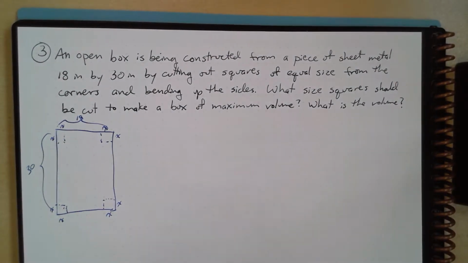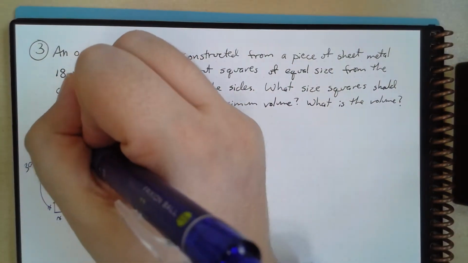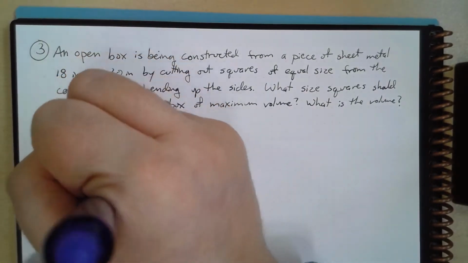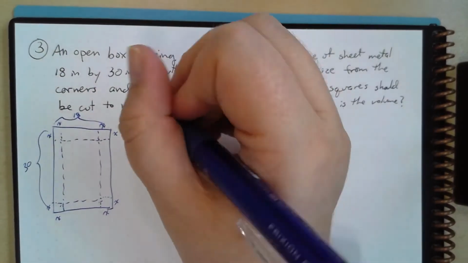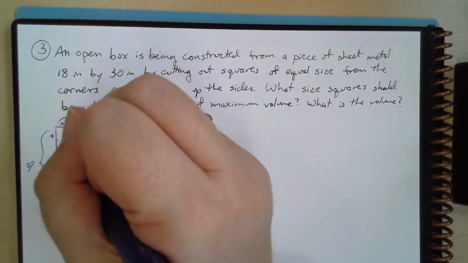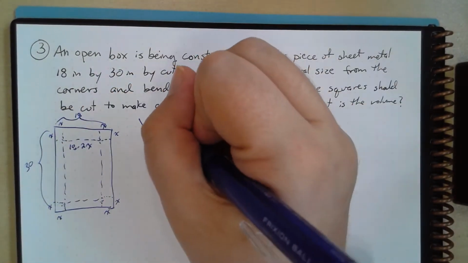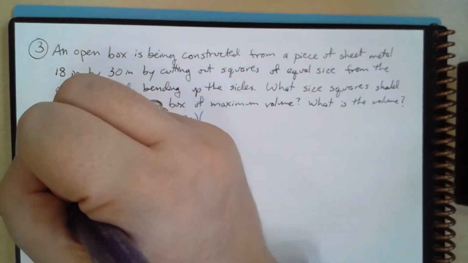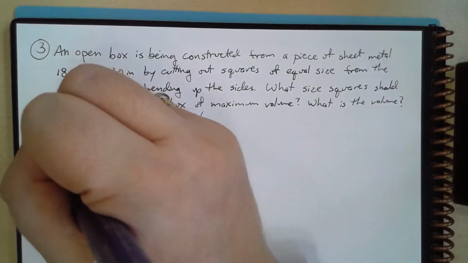So the volume of this, well, what's the volume of this box going to be? That's what we're asked, right? So the volume of our box is going to be equal to 18 minus 2x, times 18 minus 2x, times 30 minus 2x.